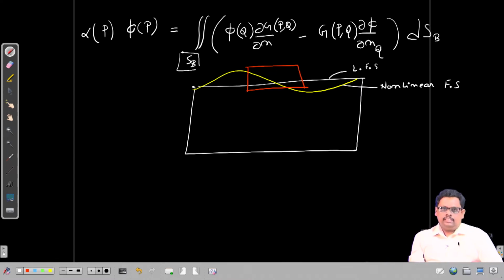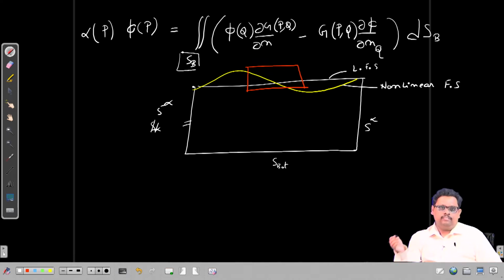We can also call this S infinity, or S minus infinity, and this you can call the bottom, BOT. Here S B stands for all these boundaries.